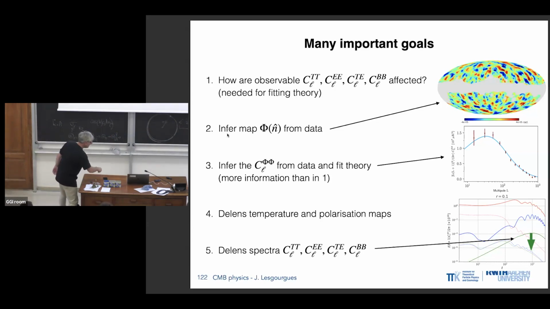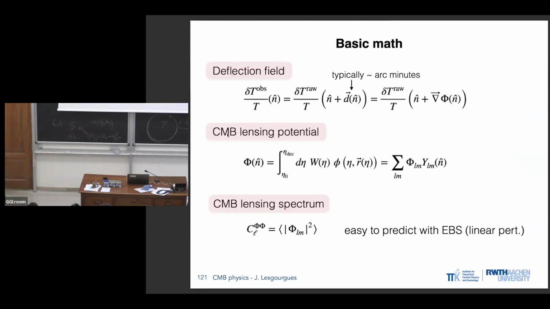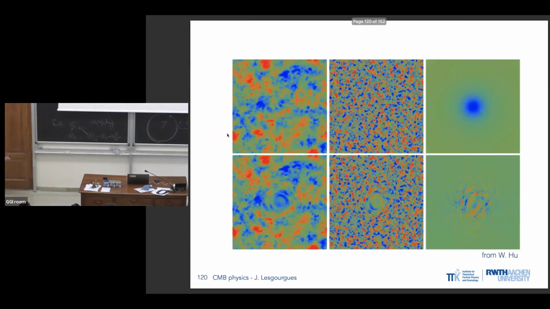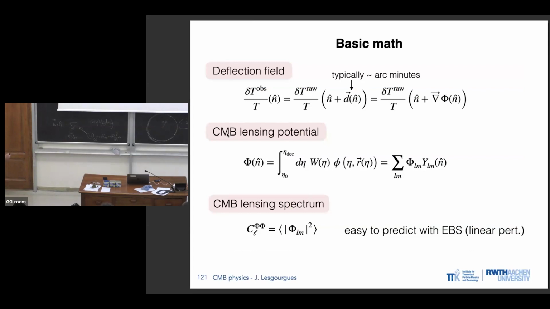And this kernel that we are using here has the same shape for CMB lensing and for galaxies, but it depends on the distance to the source. And here the distance to the source is the radius of the last scattering sphere. And it makes this kernel sensitive to structures at higher redshift than galaxy shear.